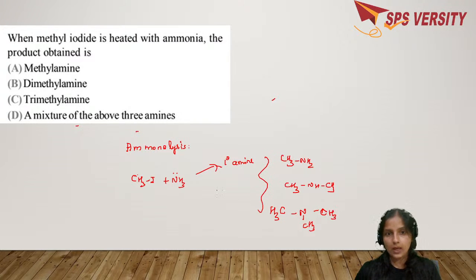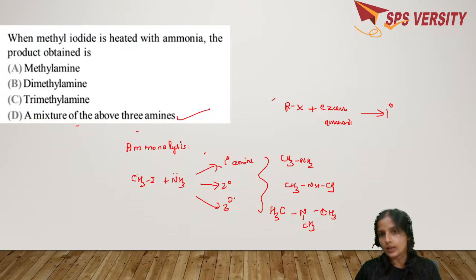The mixture of primary, secondary, and tertiary will be formed. So all the above amines. In case you take alkyl halide and treat it with excess ammonia, then the primary amine will be the major product. So you have to see what exactly are the reaction conditions they have given.